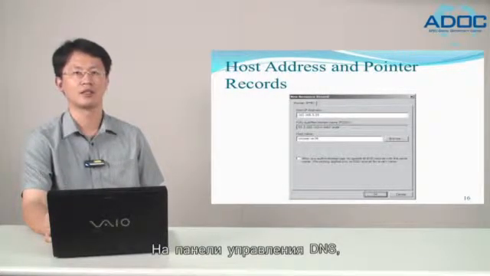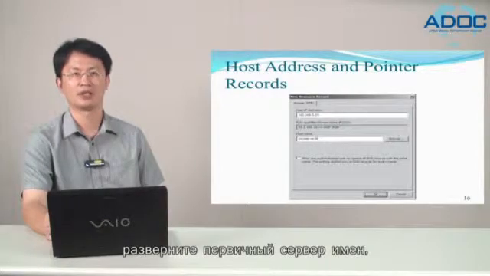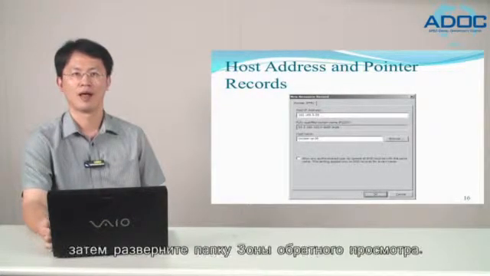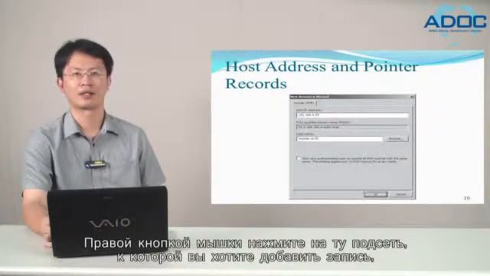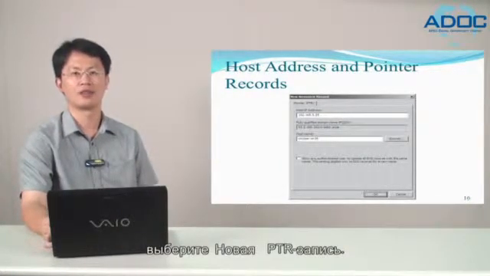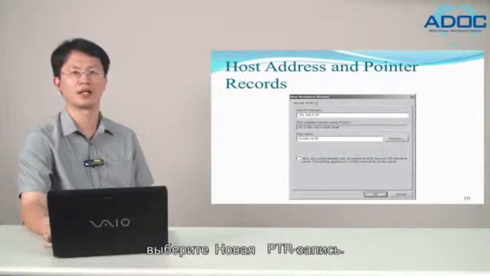In the DNS console, expand the node for the primary name server, and then expand the related reverse lookup zone folder. Right-click the subnet to which you want to add the records, and then choose New Pointer (PTR).